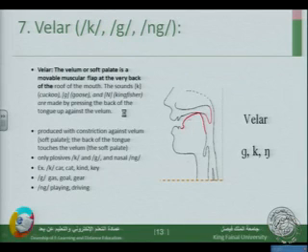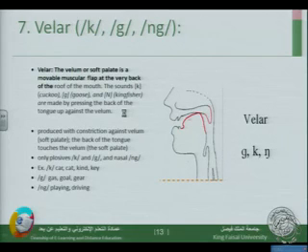Okay, we have the velar sounds, K, G, and ng. K like in car, cat, kind, key. Notice the tongue here. The velum or soft palate is a movable muscular flap at the very back of the roof of the mouth.